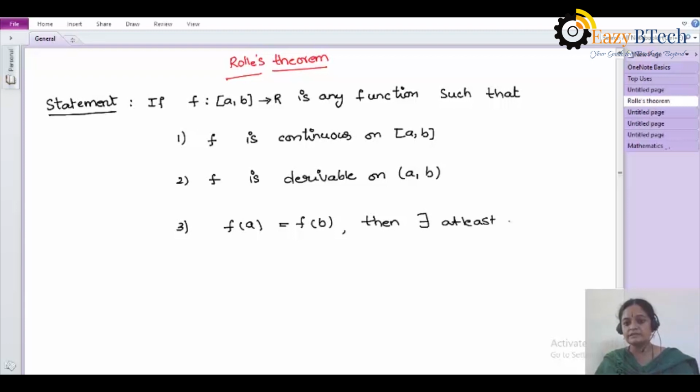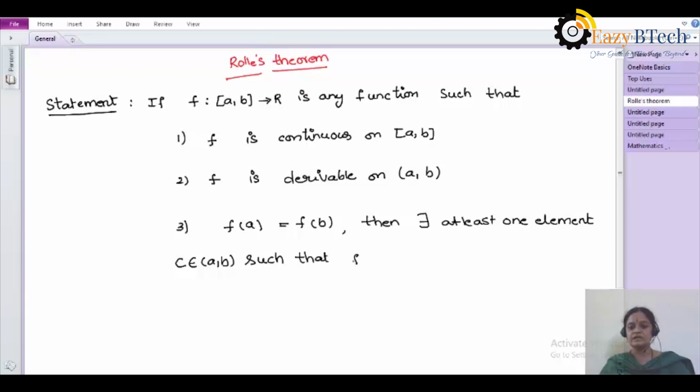Then there exists at least one element c belonging to the open interval a comma b such that f dash of c is equal to 0. This is the main condition of Rolle's theorem.